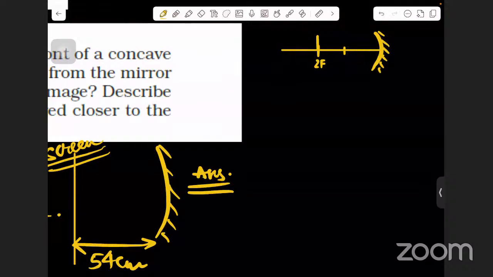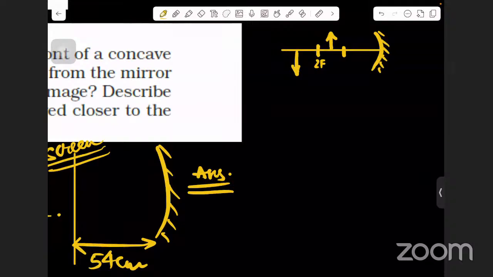If the object is here at the radius of curvature, then the image is also at the radius of curvature. And if the object is between the radius of curvature and the focus, then the image is beyond the radius of curvature.